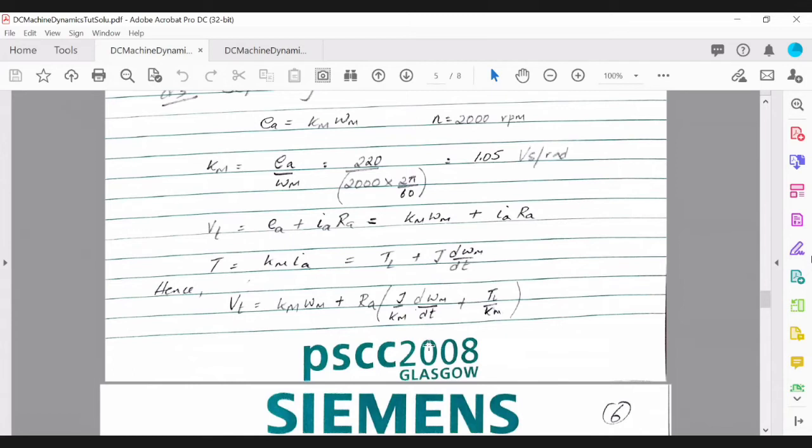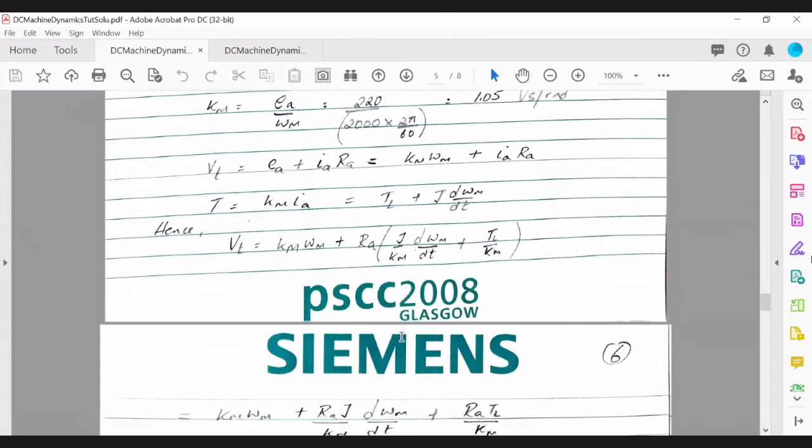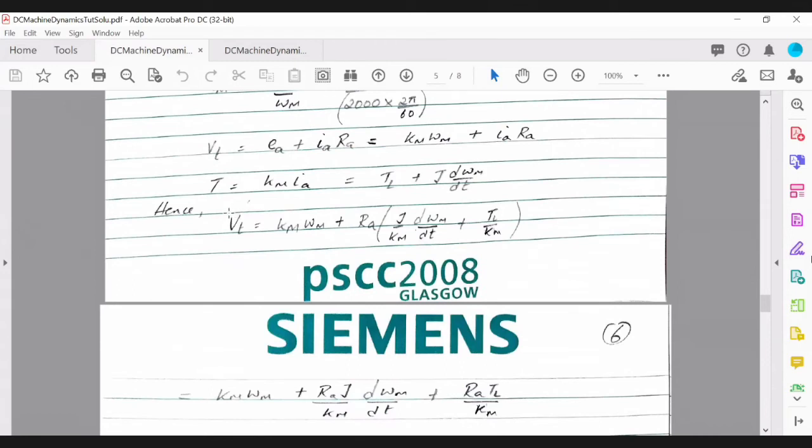So this term here is basically J over Km times, so basically these equations come from your notes. You'll need to refer to your notes to basically get the terminal voltage of the DC motor.